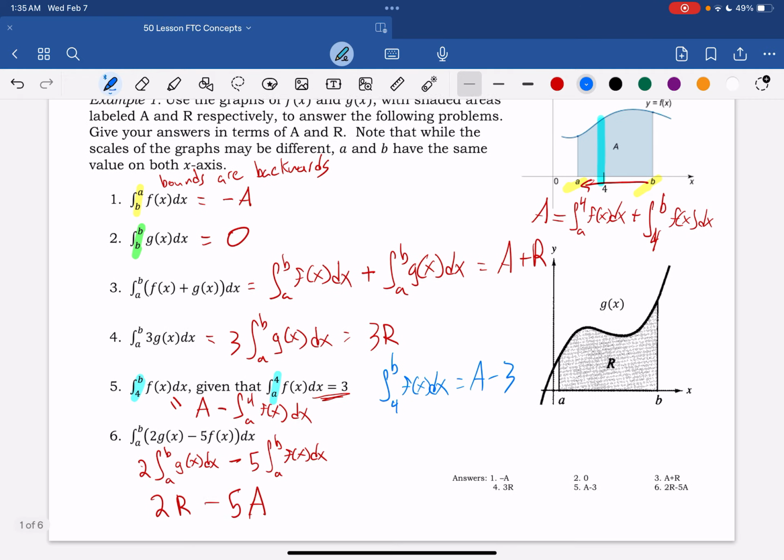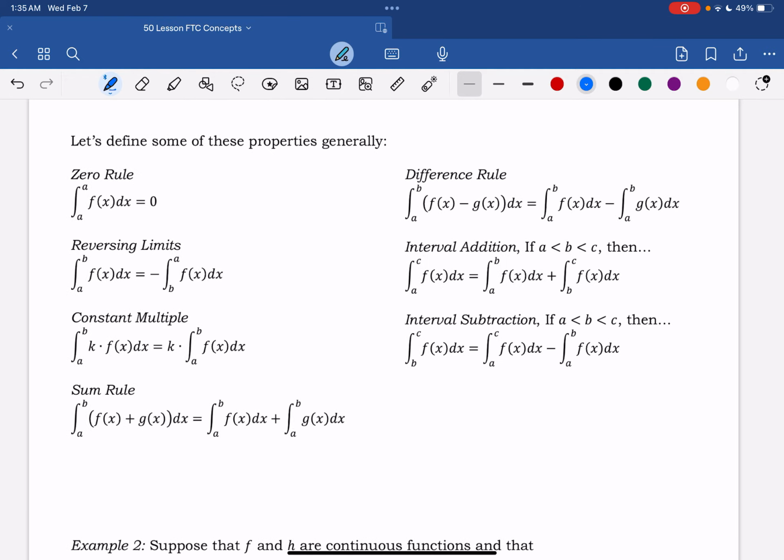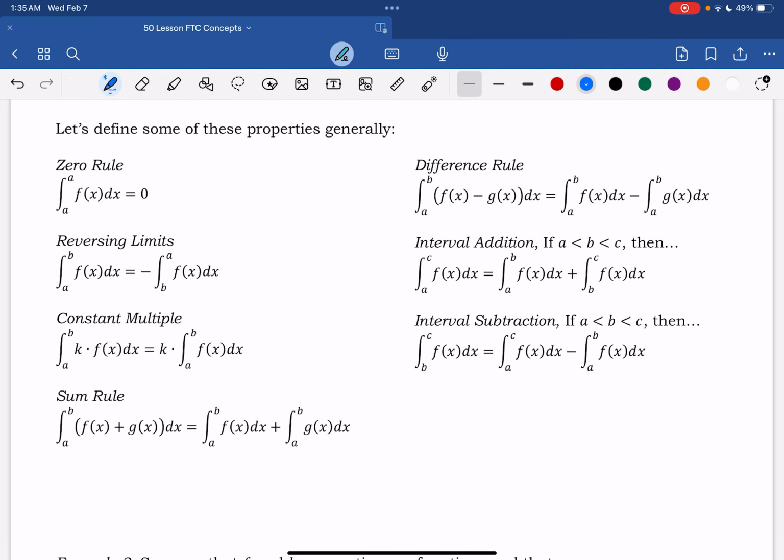Okay, and then on the next page we can see all of our rules formally stated out here. These are going to be just additional ones. Like I said, a lot of them we've already been using. The only real new ones are these last two here with the interval addition or interval subtraction.